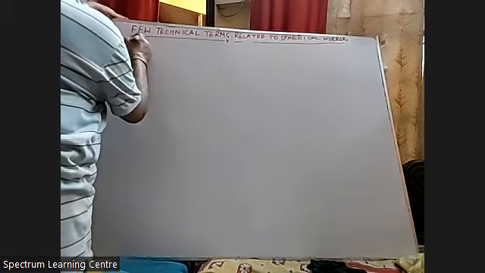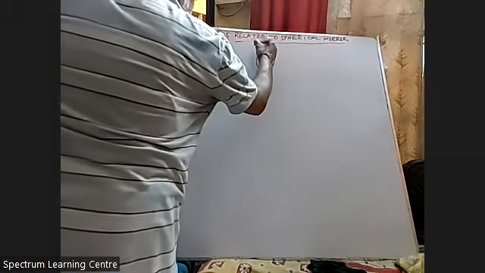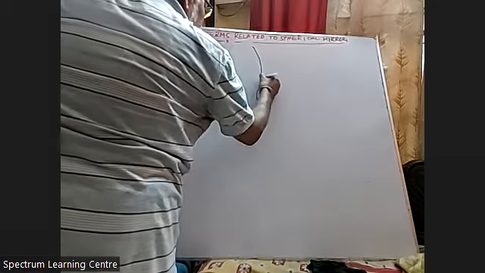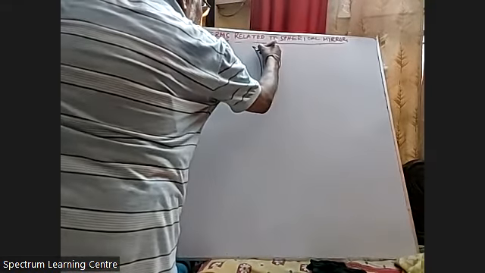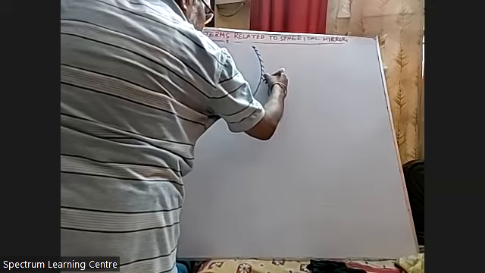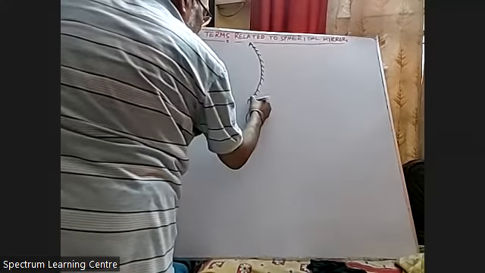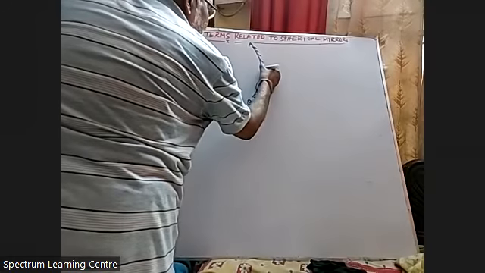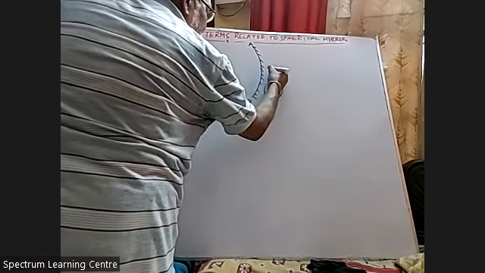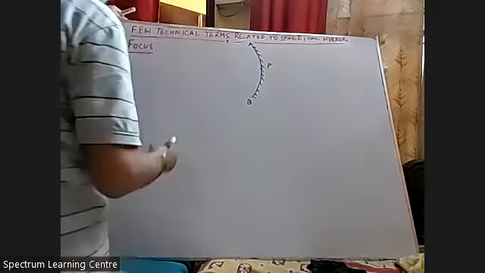Now we will understand what is focus. See, this is a concave mirror AB. Center, geometrical center is somewhere here. So this is your pole.